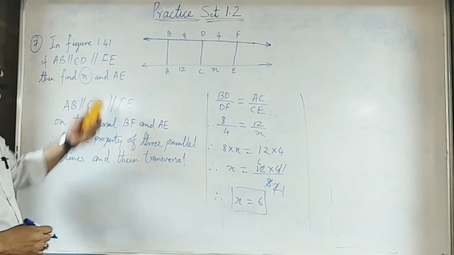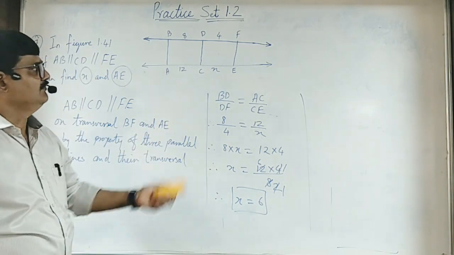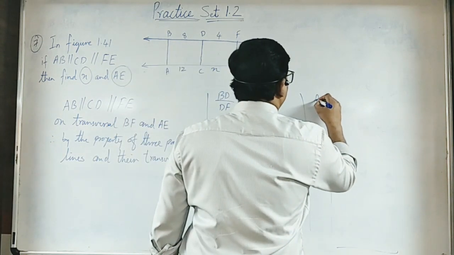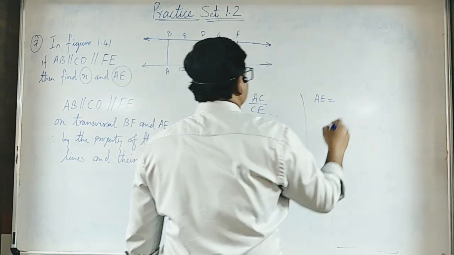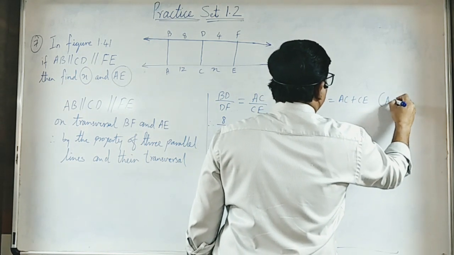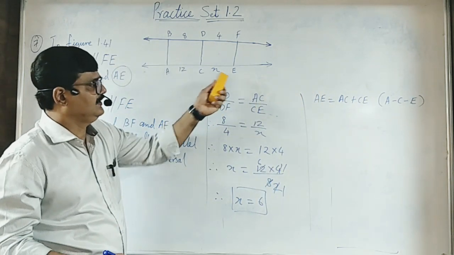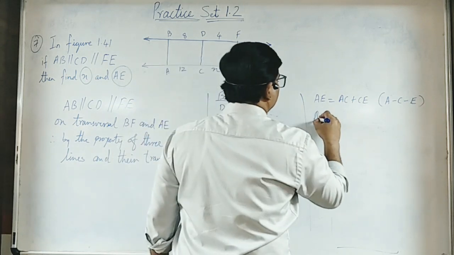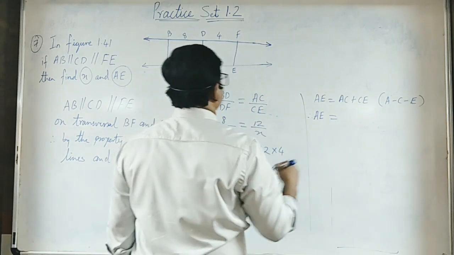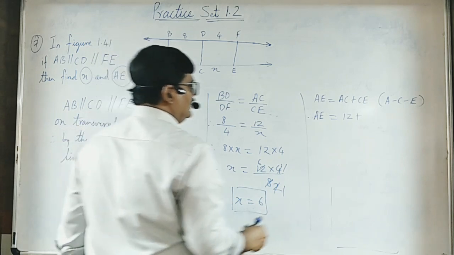Now they also told us to find one more thing, that is AE. AE is a line made up of the coordinate points. Here I can write AE is equal to AC plus CE, that is A-C-E. So AC's value is 12 plus CE is X, and X's value we already got is 6.